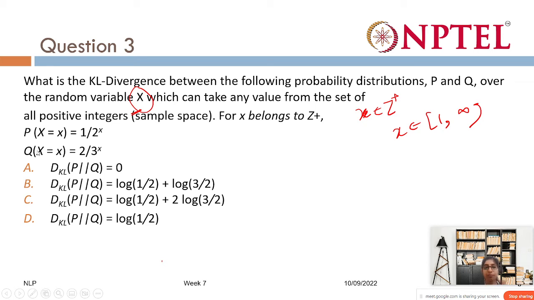And then you have been given these two probabilities and you have to calculate the KL divergence between P and Q. Just apply the formula for the KL divergence that we have seen in the lecture. Plug in the values and let me know what answer you are getting. Then we will solve it.